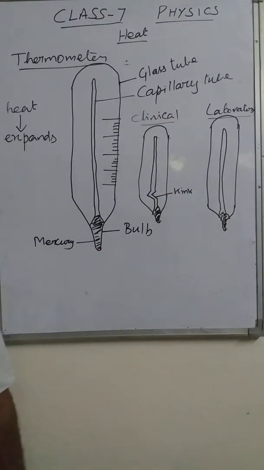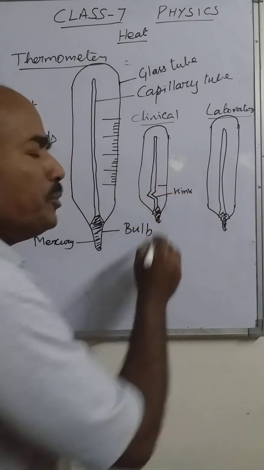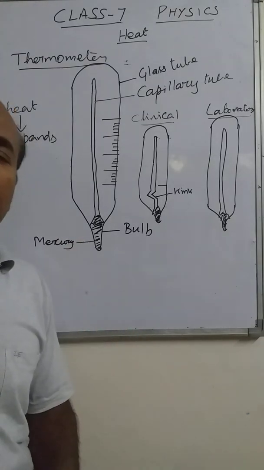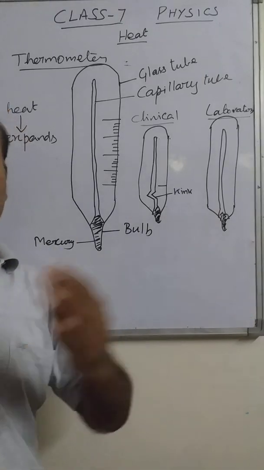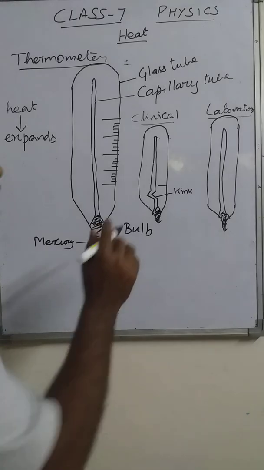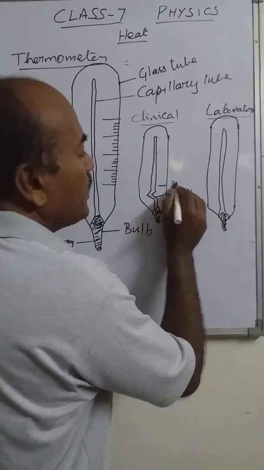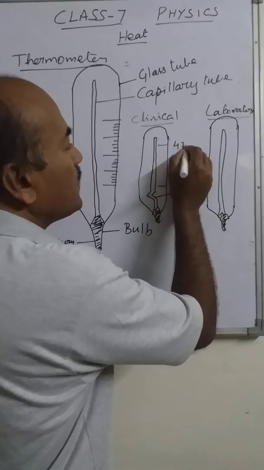And then the other differences. The clinical thermometer, since it is used to measure the temperature of the human body only, and the temperature of the human body can change only between certain levels, has a minimum of 35 degrees Celsius and a maximum of 42 degrees Celsius.